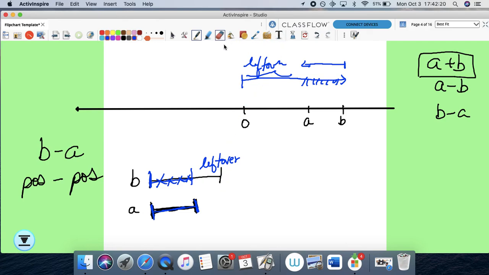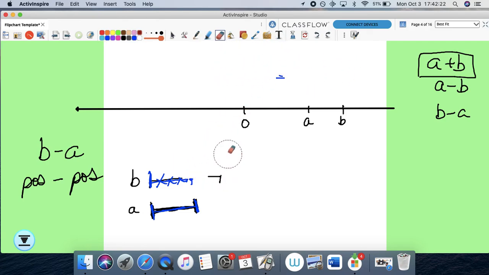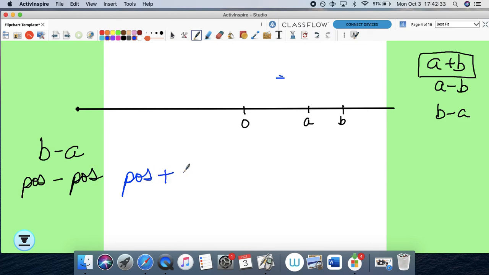Okay. Now let me change that to an addition problem. So we have a positive minus a positive. Let's change that to an addition problem. It's going to be a positive plus the additive inverse of this positive number, which is going to be a negative.